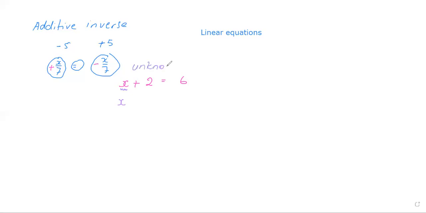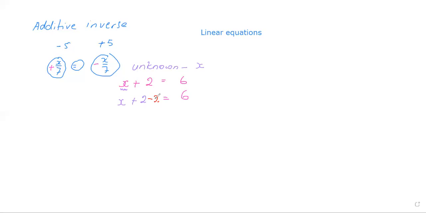The unknown here is x. So this is plus 2. Now the additive inverse of positive 2 is negative 2. Now that is equal to 6.